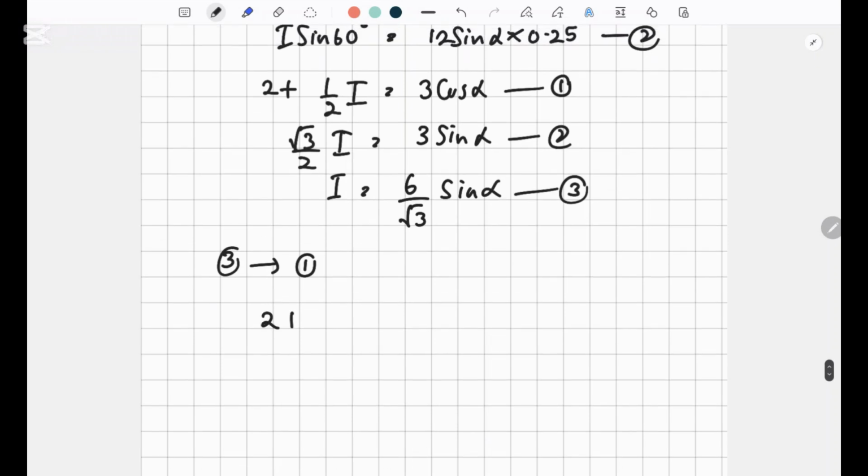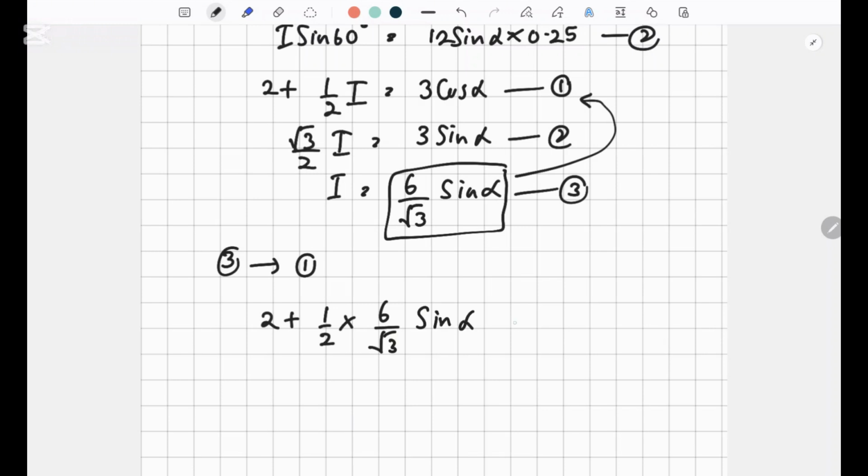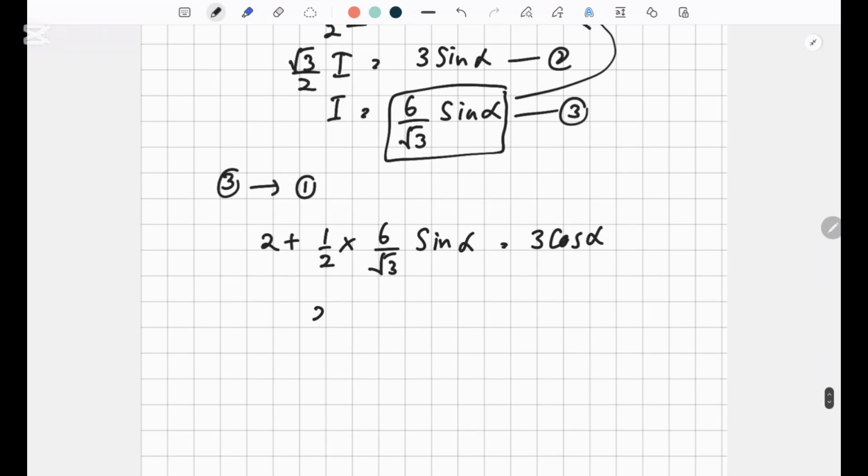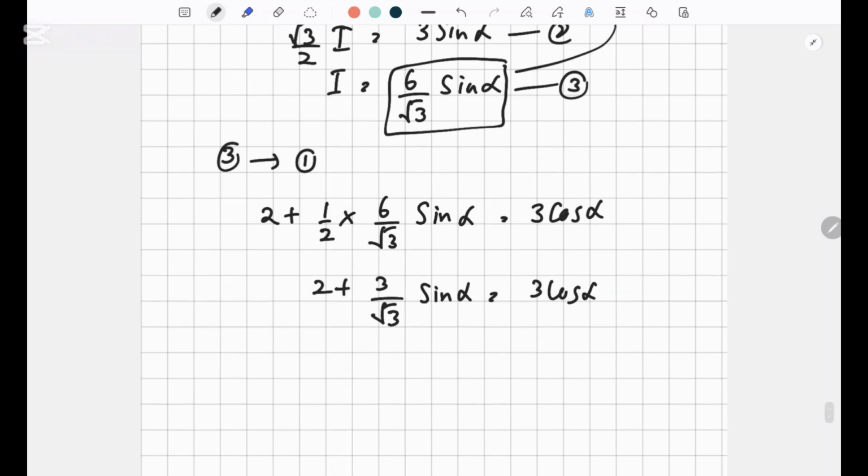So then that is 2 plus, so instead of I, we put in this for the first equation, right? So 2 plus half into I. So 6 over root 3 sine alpha equals 3 cos alpha. So 2 plus 3 root 3 sine alpha equals 3 cos alpha.